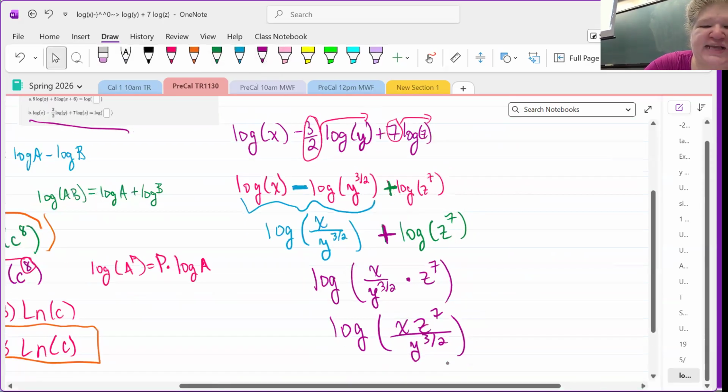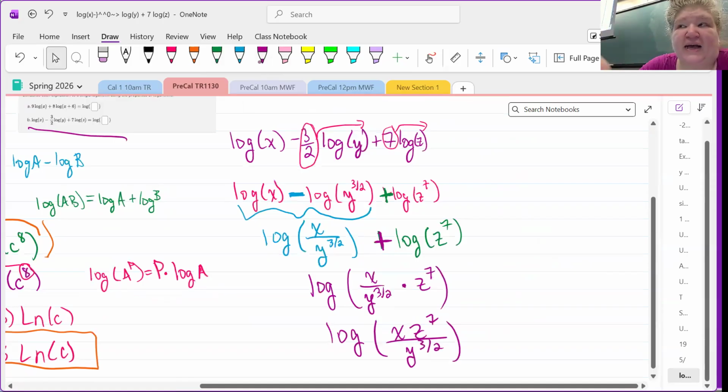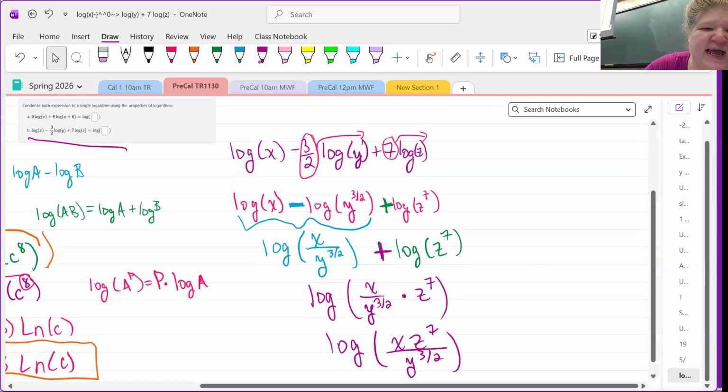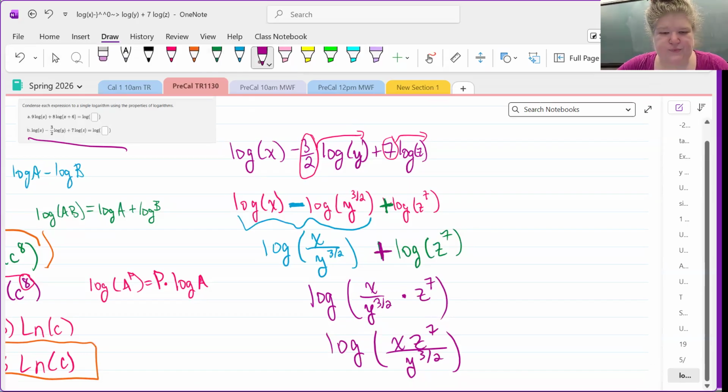Normally, the directions say write your result using only positive exponents. So if you had the y to the negative 3/2 on top, the final result usually is to move it to the bottom. It'll take it either way, though.